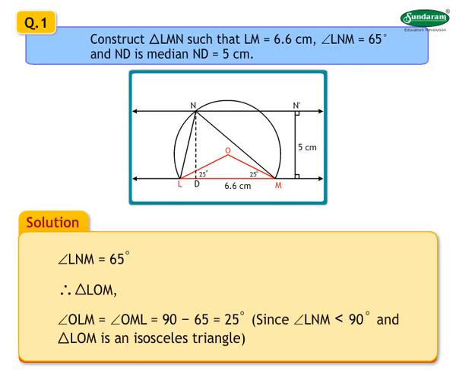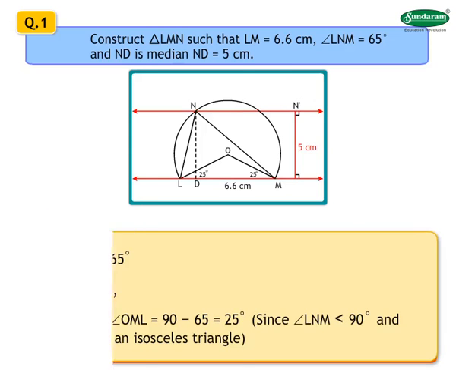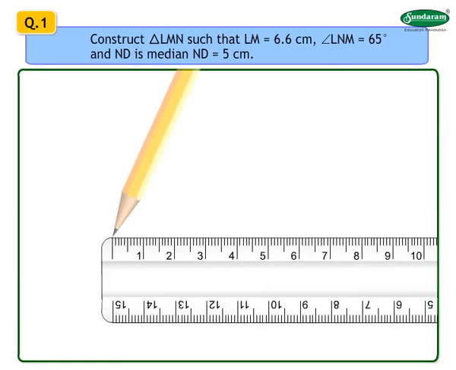Now, we know how to construct angle LNM, which is 65 degrees, subtended by chord LM. To fix up the point N on the arc LNM, the length of median is given 5 centimeters.